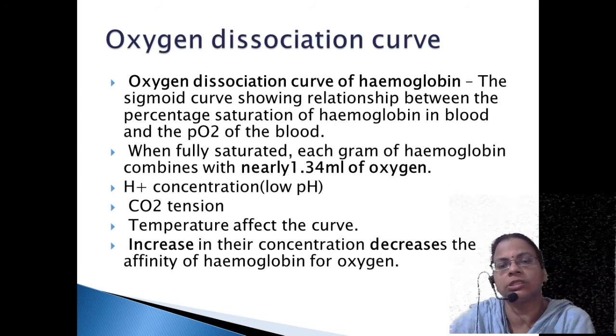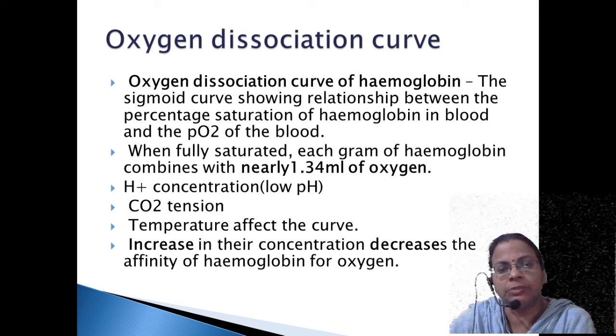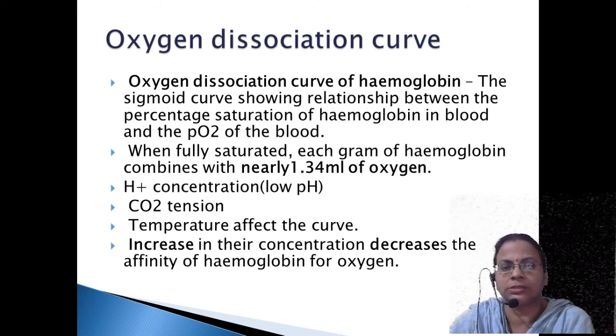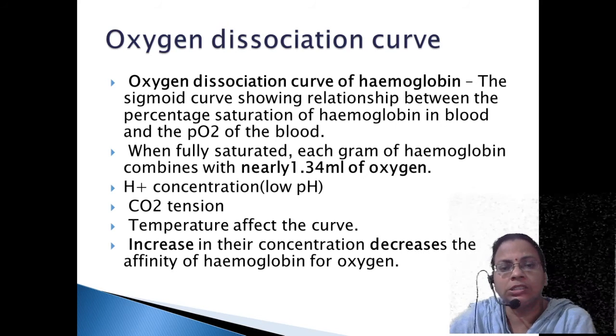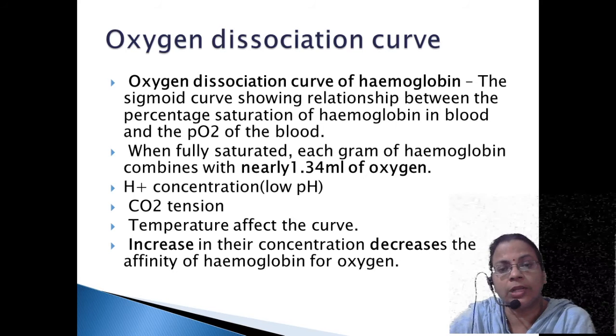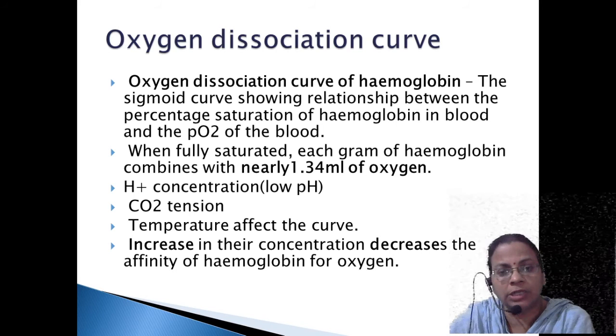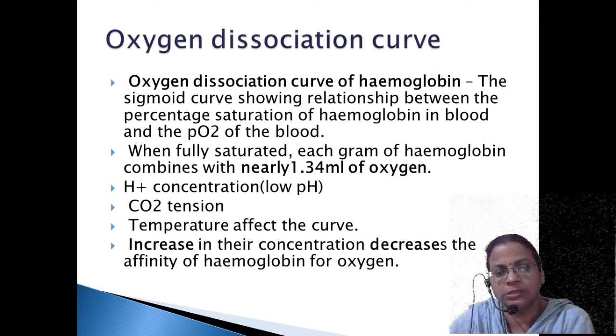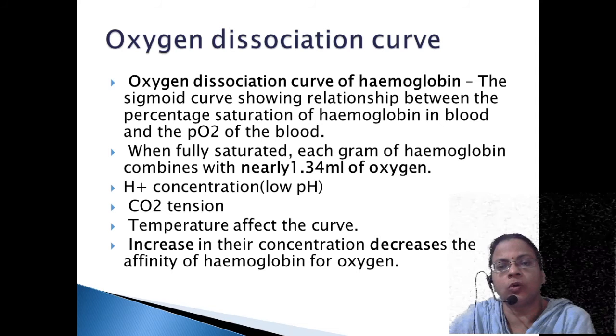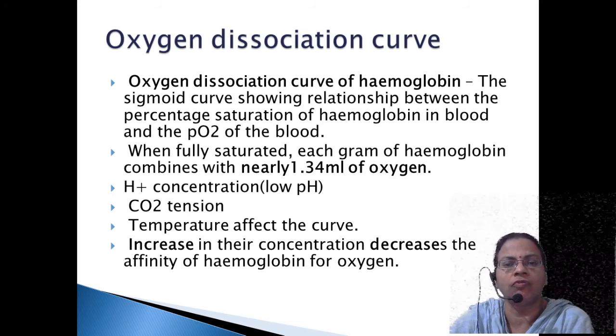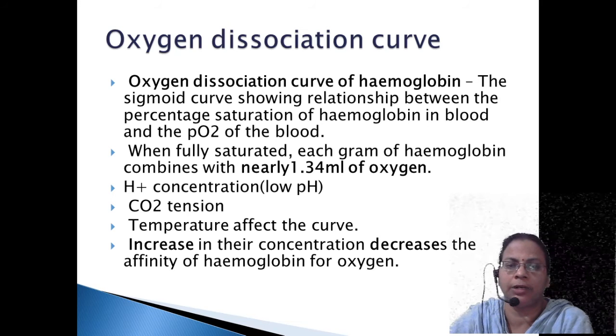Anemia means the oxygen carrying capacity of the RBC or hemoglobin will be less. And 1 gram of hemoglobin can carry approximately 1.34 ml of oxygen per 100 ml.